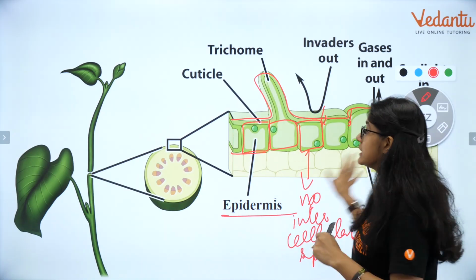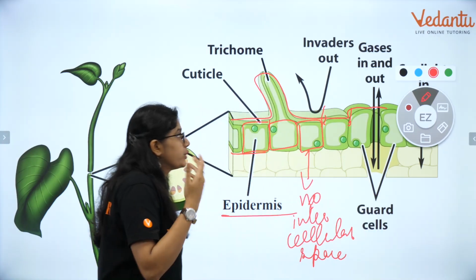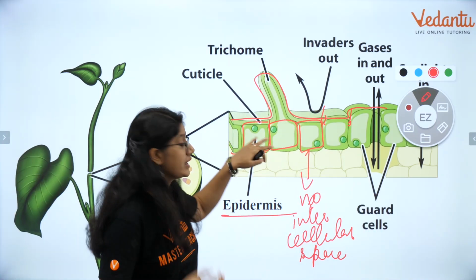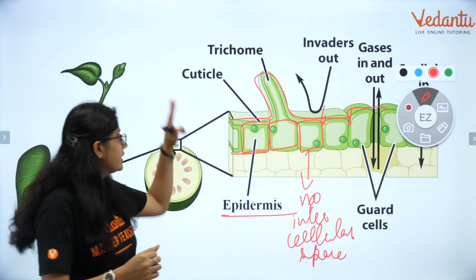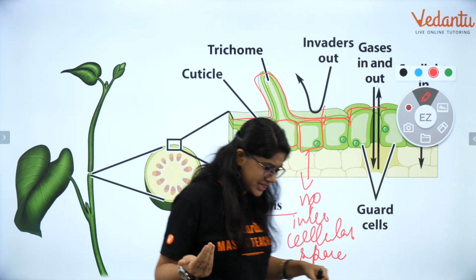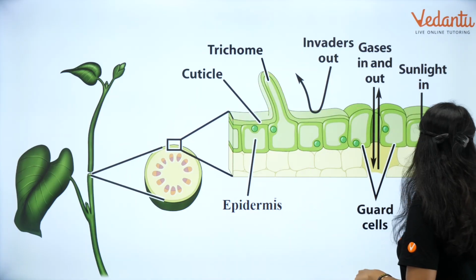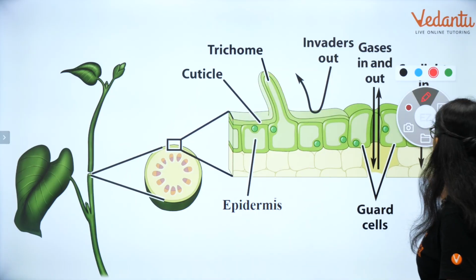Clear? So these are the important things that you have to remember if you're writing about this. You can mention that it's very thick also, and ensure that nothing is moving past it. So with this, you will get your marks easily, and you will see that it's not very difficult also.